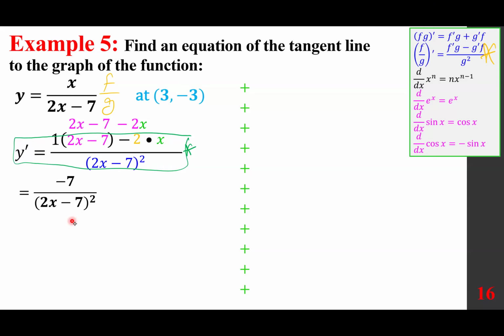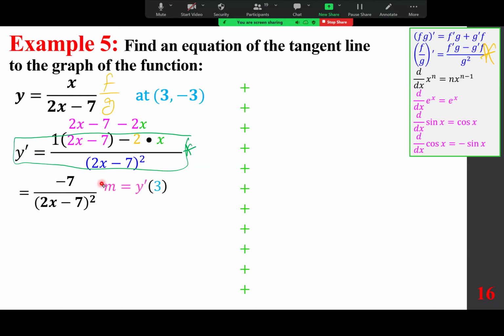So that's not the slope. So what is the slope? Plug in 3. That's how you find the slope, everybody.